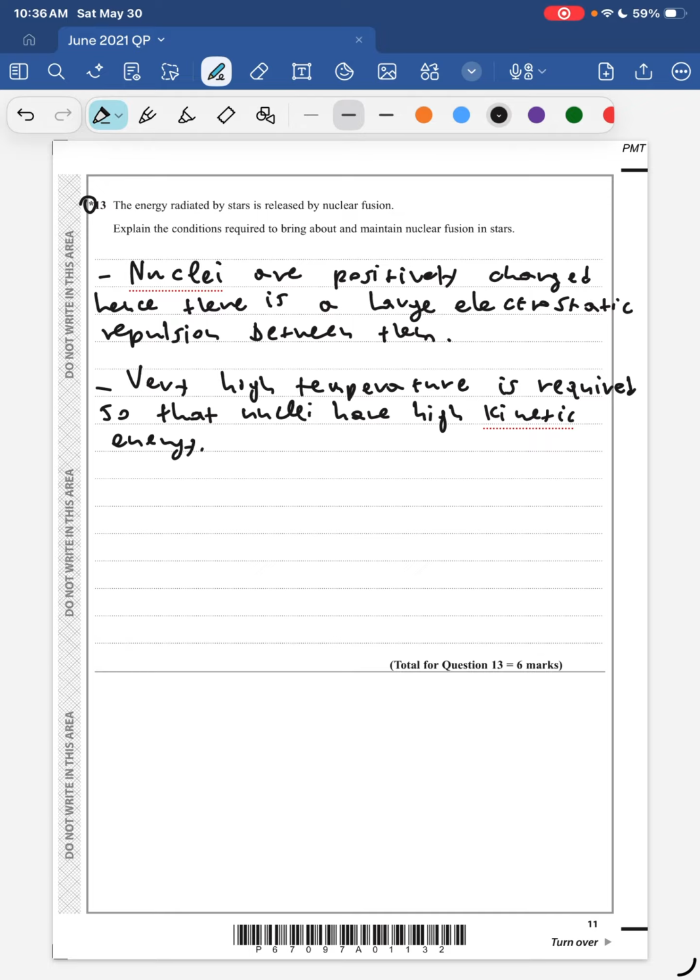Okay, so that's the second requirement. Then at sufficient kinetic energy, nuclei can overcome the electrostatic repulsion.